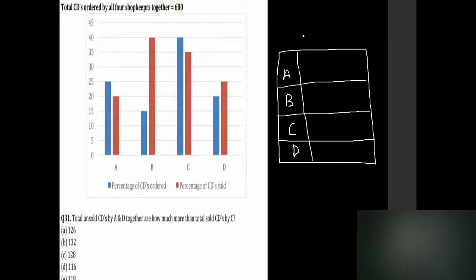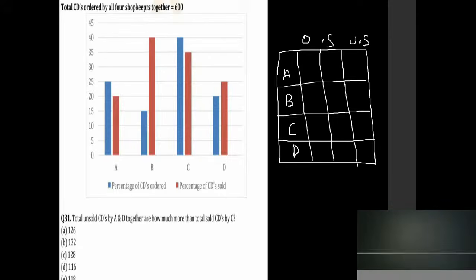One is ordered. After ordered, sold is another column. So shopkeepers ordered some CDs. Next, they sold some CDs, and some are unsold. We should find all these values, then we can easily solve the questions.